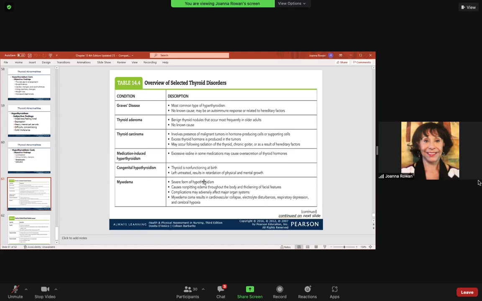If you know one of them, you will know that it is not the other, or vice versa, because their symptoms are complete opposites. Like one can tolerate the cold and one cannot tolerate the heat. So if you know one, you will know the opposite. So for this overview of selected thyroid disorders, you just need to know nothing.